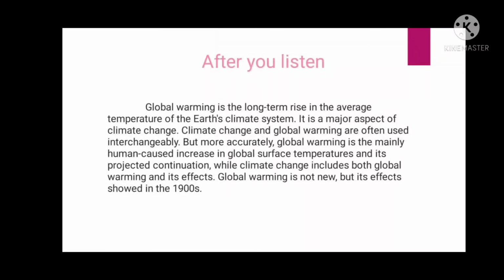When we say global warming, that means that there is an increase in the surface temperature. That means the Earth is getting warmer, getting hotter due to the gas emission. When we say climate change, it includes global warming and includes the effects, the negative consequences of global warming.